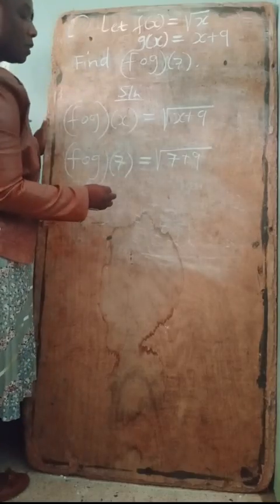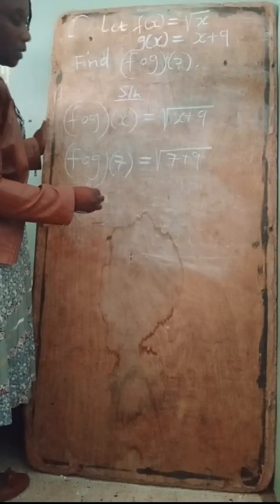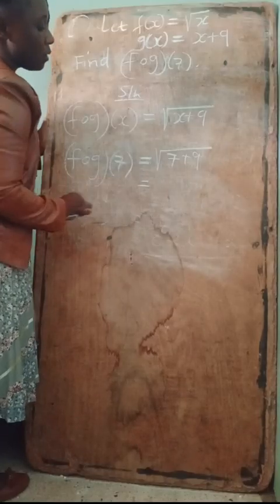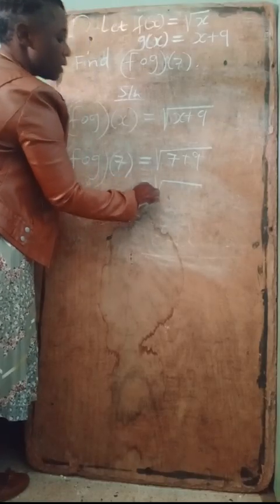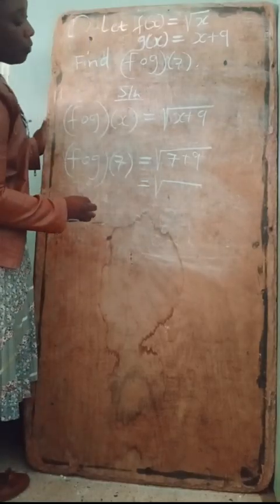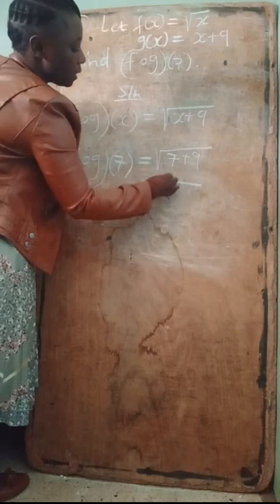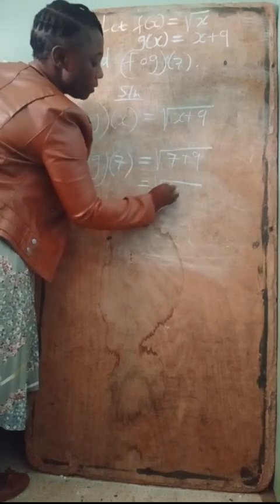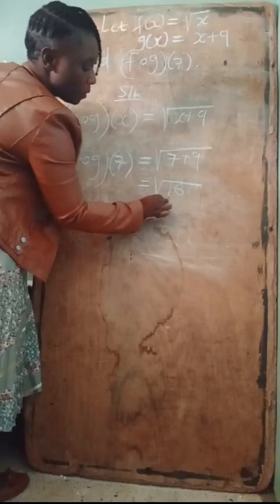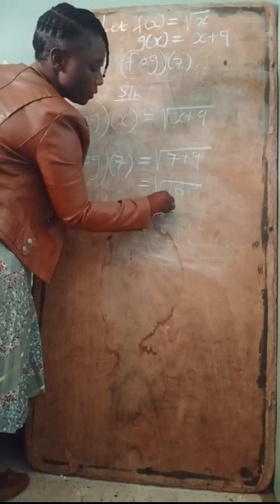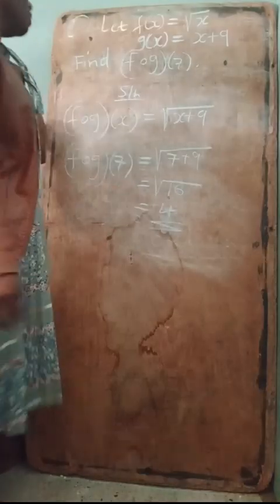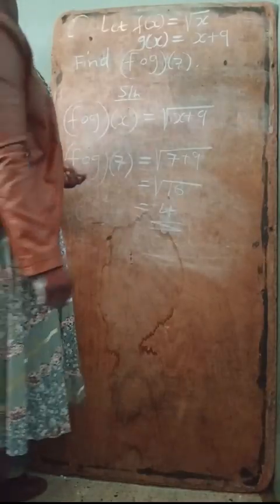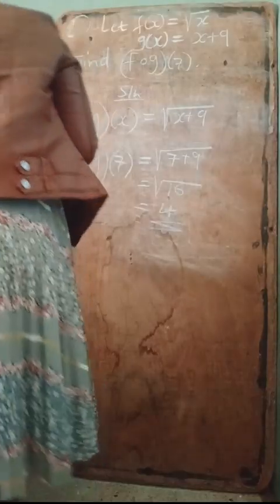The next answer will be the root of what? When we add this and this, we're going to get 16. So the final answer will be what? A 4. Because the square root of 16 is 4.